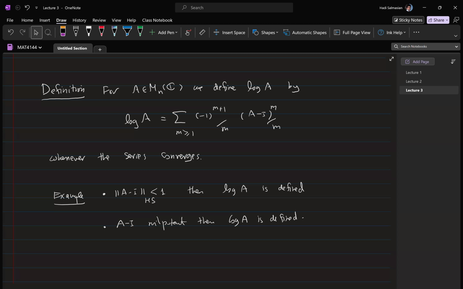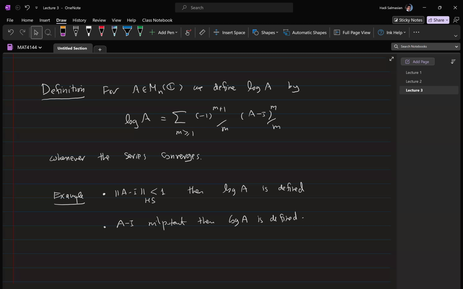What is the domain of this log map? You can see that even for GL_n(C), this map is not always defined, because the series might not converge for large norm of A minus I. It will not map invertible matrices to invertible ones.